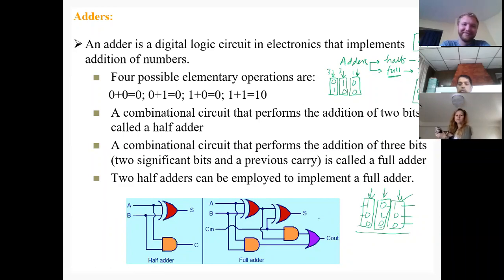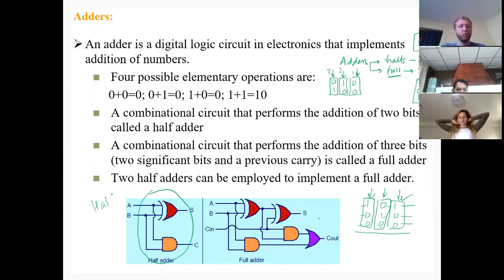Now, how do you make the full adders from the half adders? Suppose this is your half adder here. Why is this a half adder? We'll talk about that later. But why is this called a full adder? We'll talk about that now.